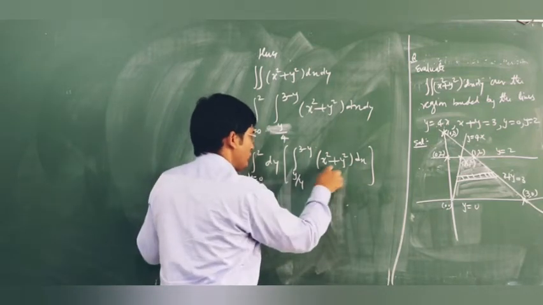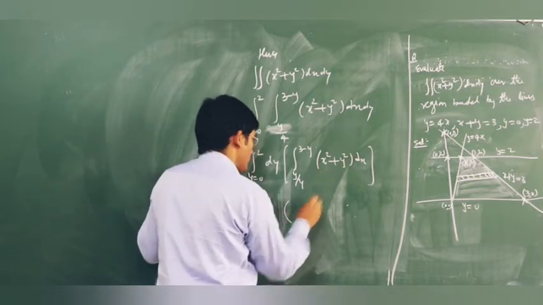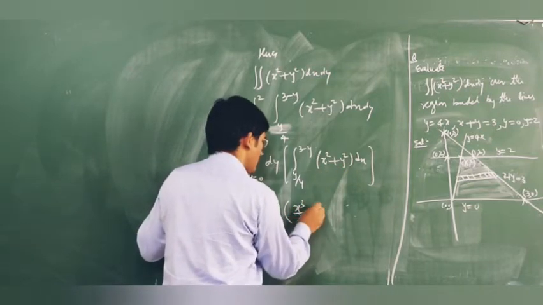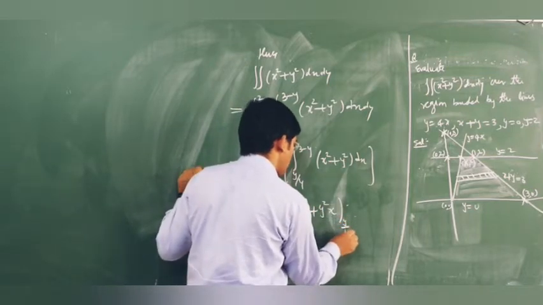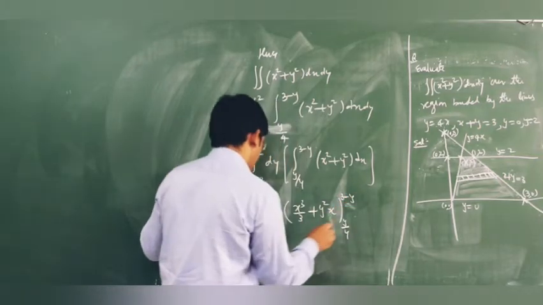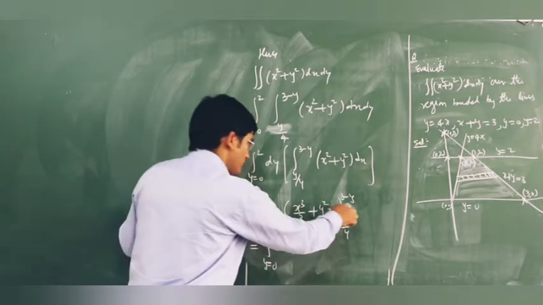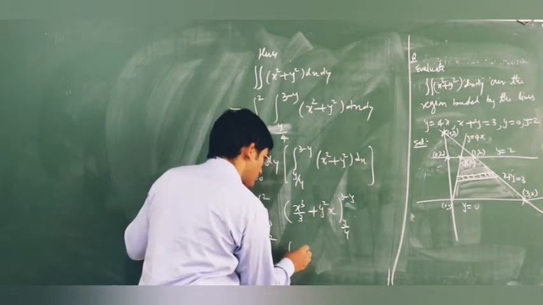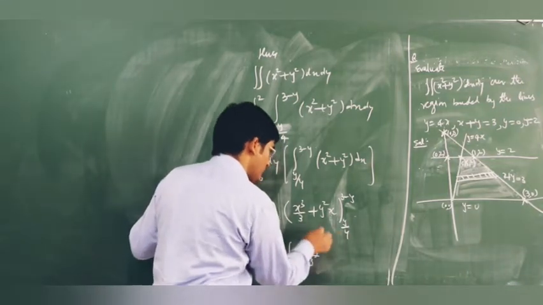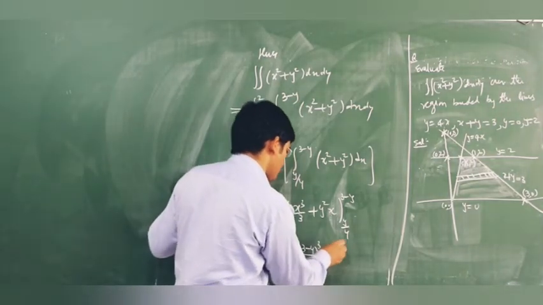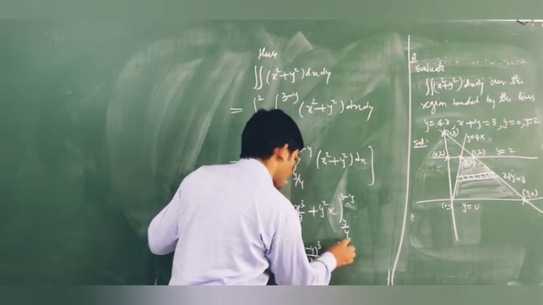Now the integration of the bracket will be, as we have to integrate with respect to x, so this y will be constant. So the integration of x square will be x cube upon 3. Your y square is constant, so we have y square into x, and then the limits from y by 4 to 3 minus y, and this is equal to y equal to 0 to 2. Just put the limits here, then we will have 3 minus y whole cube upon 3, then put the lower limit, which is y by 4, so we have y cube upon 4 cube.